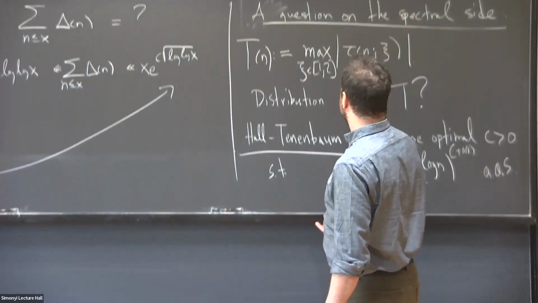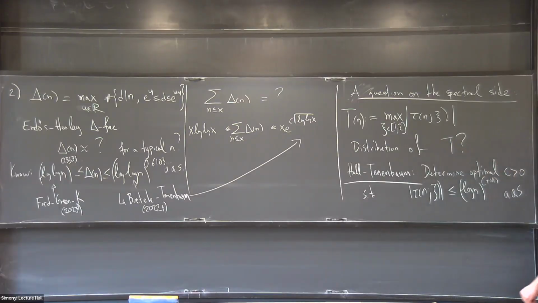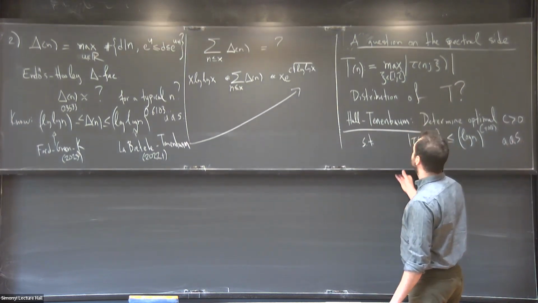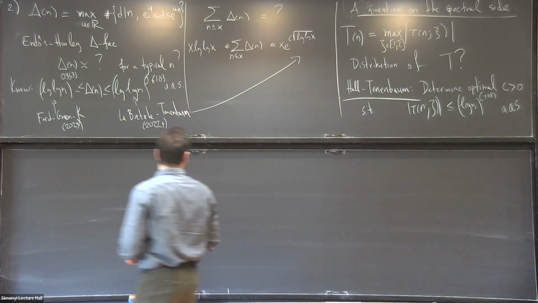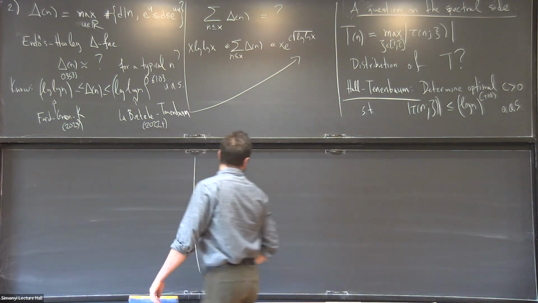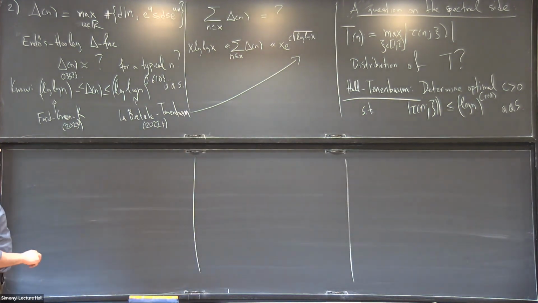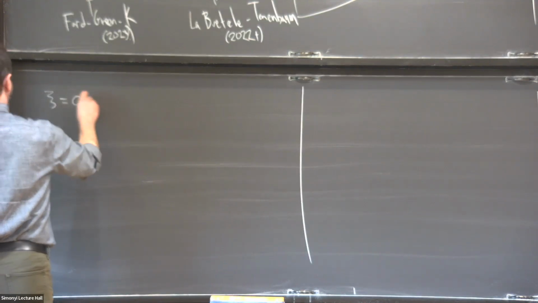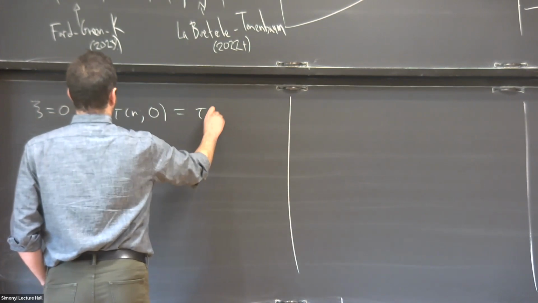The reason I'm fixing this interval is that I don't want to go too close to 0, because then the question becomes trivial, or not trivial, but well understood. If you were to ask what happens when x is 0, well, of course then your function is just the divisor function.